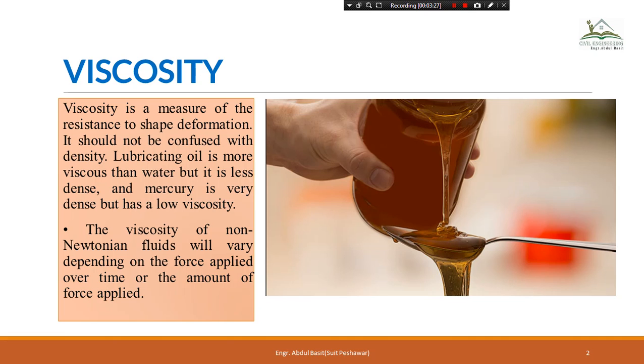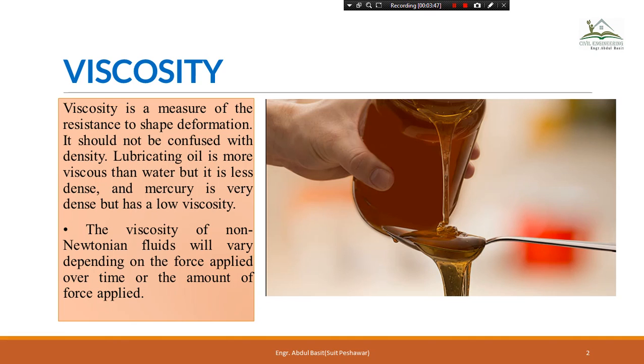It is vice versa in the case of honey, where there will be layers of the molecules of honey, as you can see in this picture. These molecules make a layer, and one layer is placed over another layer and another layer.